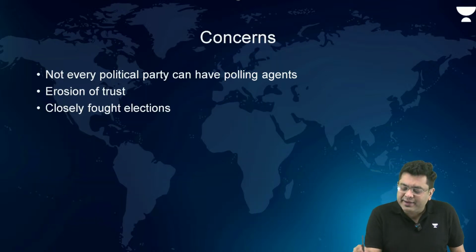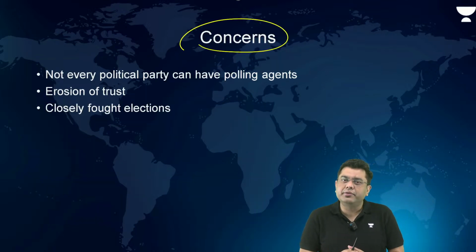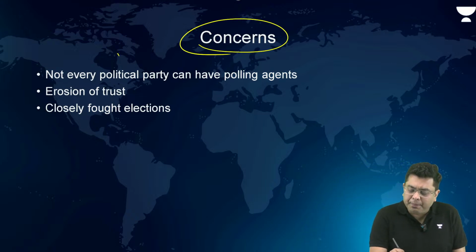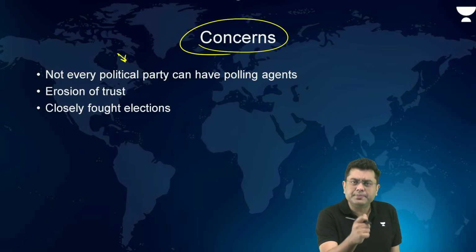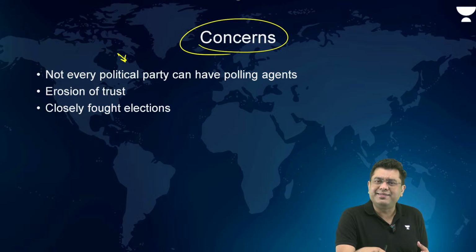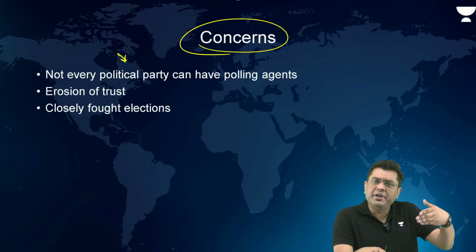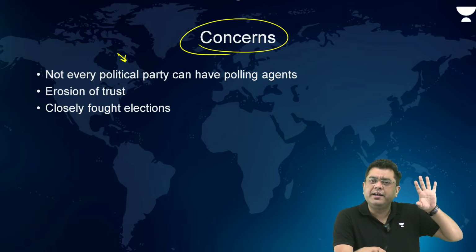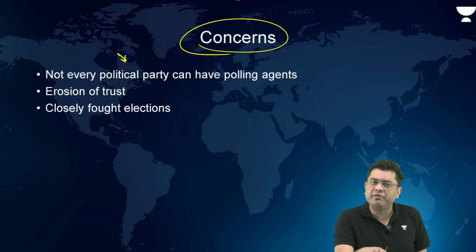But there are concerns which have been raised. What are the concerns? Not every political party will have polling agents. Now you see, Election Commission has said that we are not obliged to provide that data to the larger public or issue it on our website. We give it to the agents of the political parties.